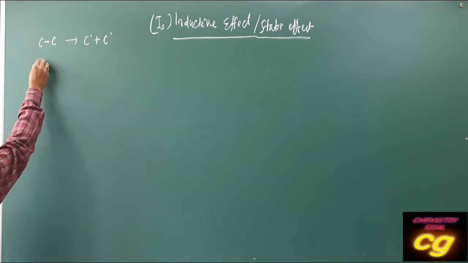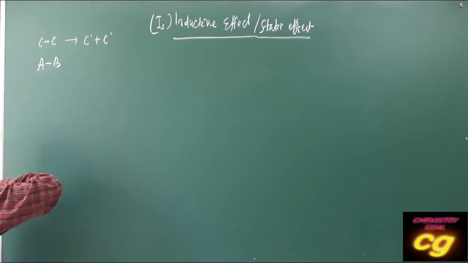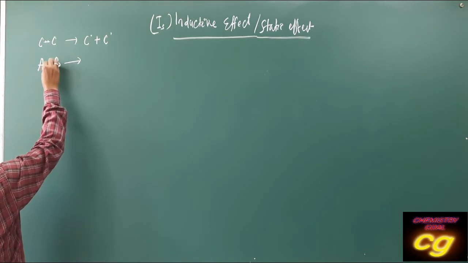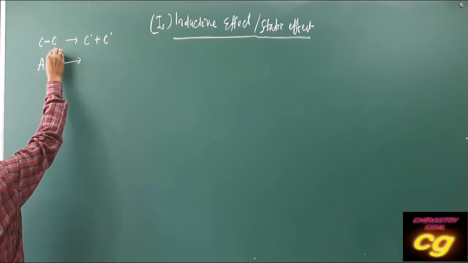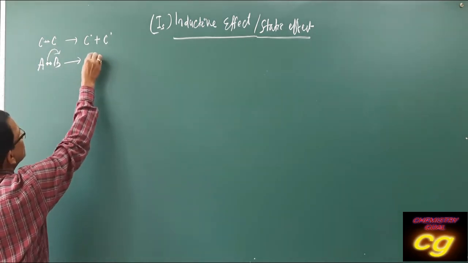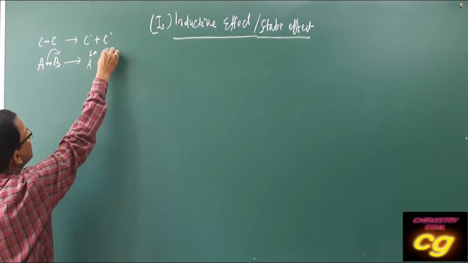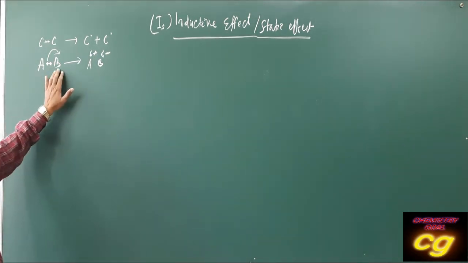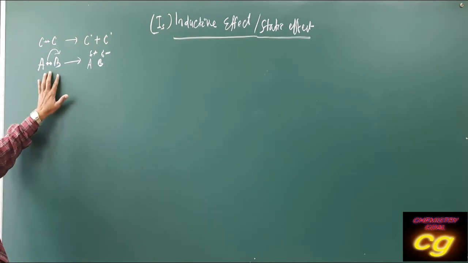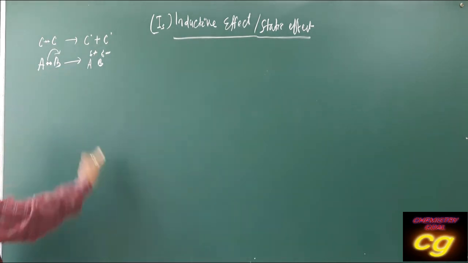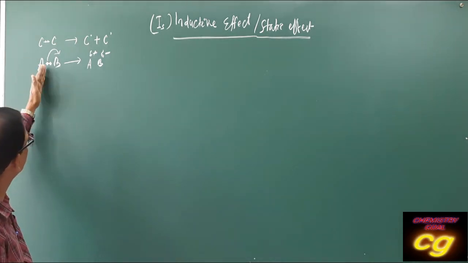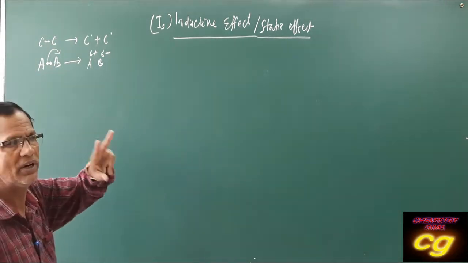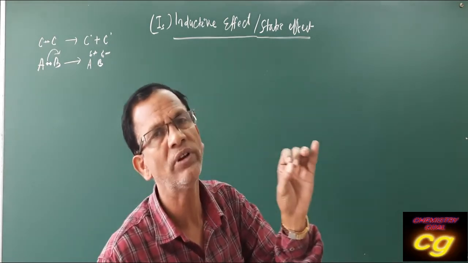But if atom A is bonded with B forming a covalent bond, and let B be more electronegative than A, then the bonded electron gets shifted towards B, resulting in a partially positive charge and a partially negative charge on the bonded atoms, so that A gets a partial positive charge and B gets a partial negative charge due to displacement of electron from A to B. This effect exists when the bonded atoms differ from one another in electronegativity value.